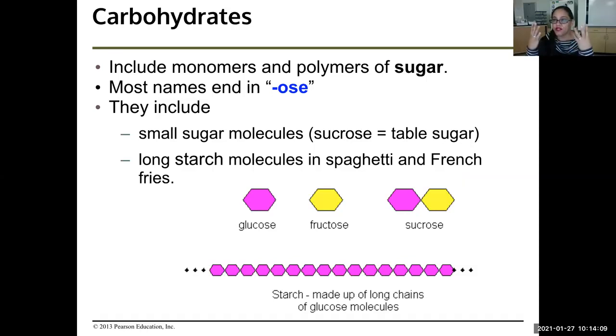I know when we think of carbohydrates, we think of pasta and rice and tortillas and bread. But as far as our bodies are concerned, your body processes them like they would process a sugar. So they include small sugar molecules like sucrose. Sucrose is table sugar that you all probably have in your house and use to sweeten. I mean, I use it to sweeten my coffee, but you can use it to sweeten anything.